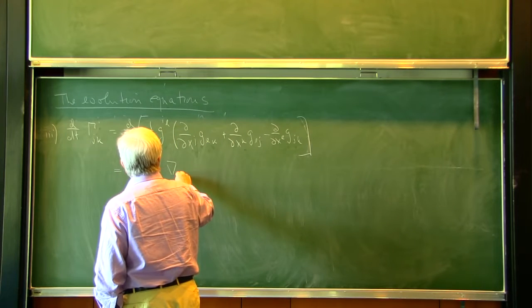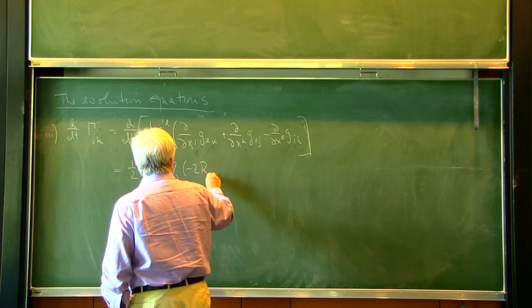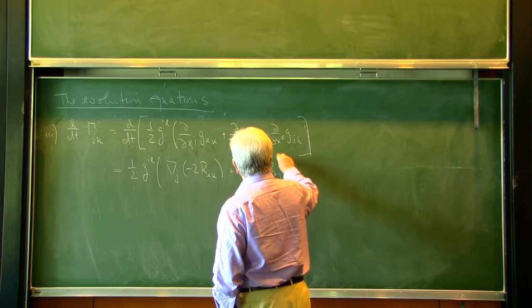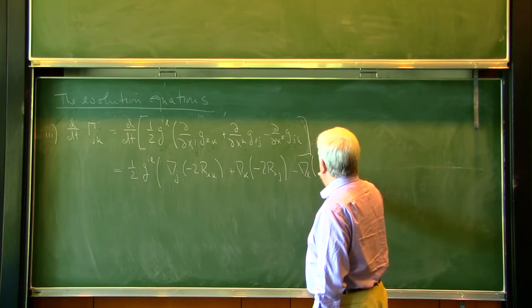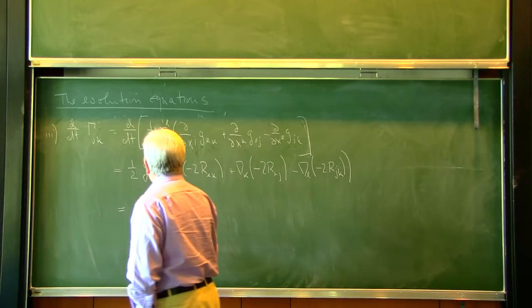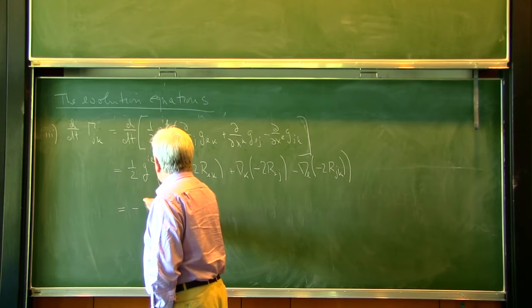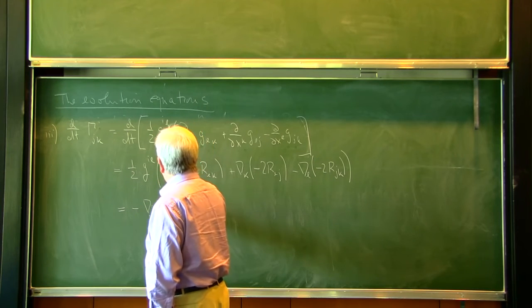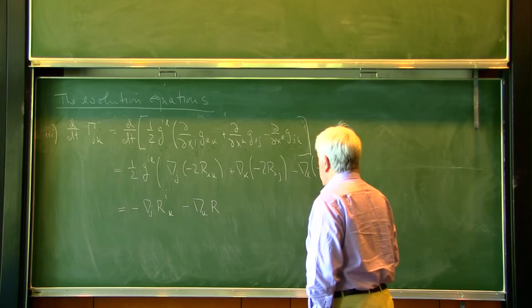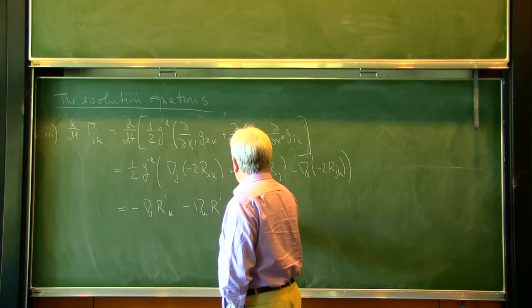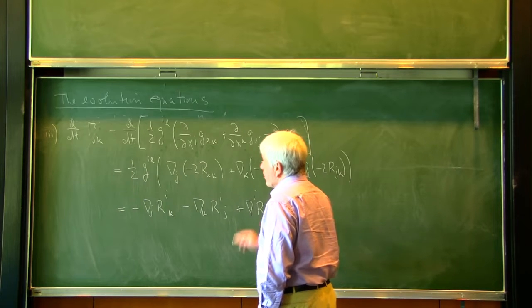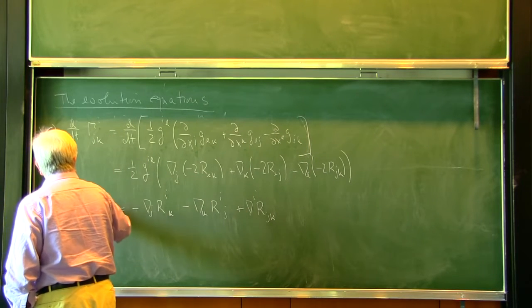So this becomes ∇_j of minus 2R_lk plus ∇_k of minus 2R_lj and minus ∇_l of minus 2R_jk, such that this whole computation reduces to minus ∇_j of Ric_ik and minus ∇_k of Ric_ij and plus ∇_i of Ric_jk. And this is d/dt of Γ^i_jk.